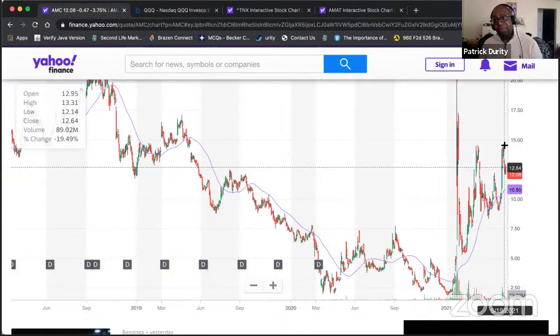I think it's badly manipulated. You have a war between the shorters and this Wall Street Bets crowd. The Wall Street Bets crowd wants to prove that they could do better than the hedge fund shorts, and the hedge fund shorts obviously think they can outdo anybody else.